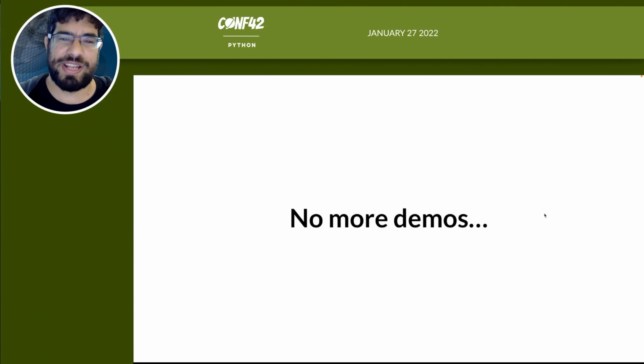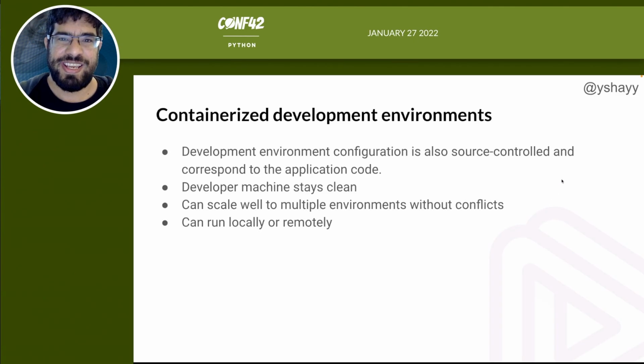Okay, so that was the last demo, as I mentioned. I think that this example showed that containerized development environments are something truly amazing. The good thing about them is that they are also source controlled, so they correspond to the application code, so it can be easy to run an old version of the application. The developer machines stay clean.